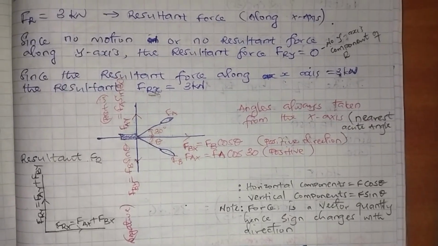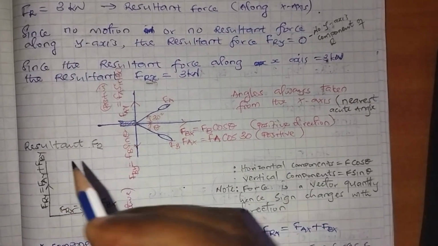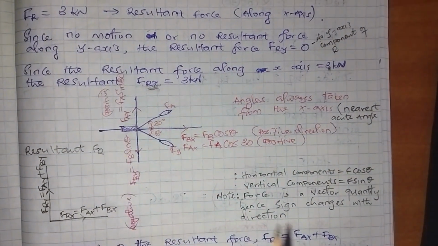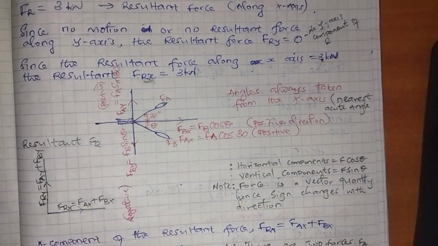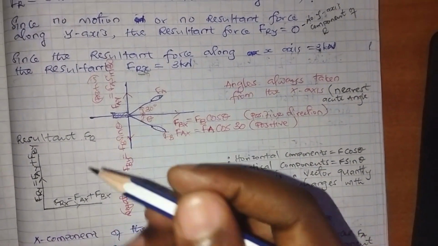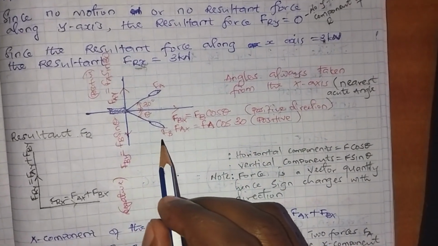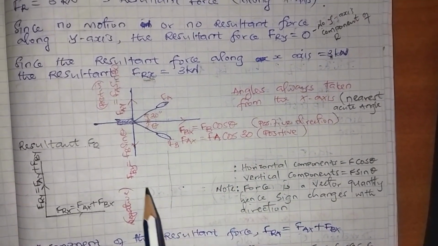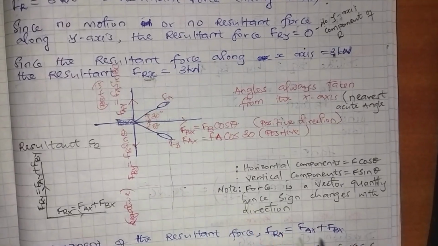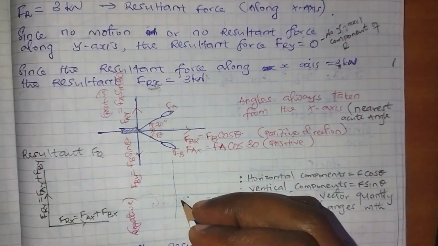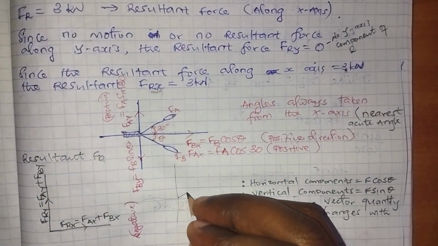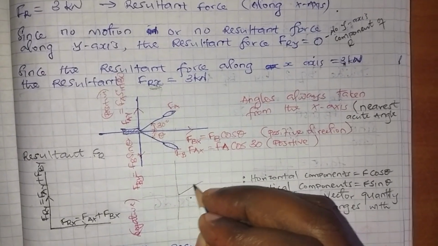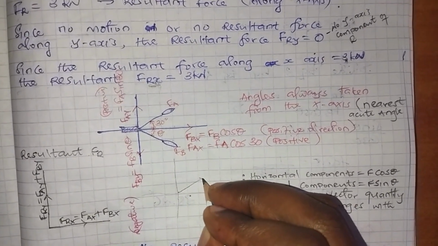It's in the diagram. So if I wanted to represent this as a vector, to represent the force as a vector, I'll draw something like this. That is my Cartesian plane, and this force Fa, I will draw an arrow equivalent to the number of units of the magnitude of that force.